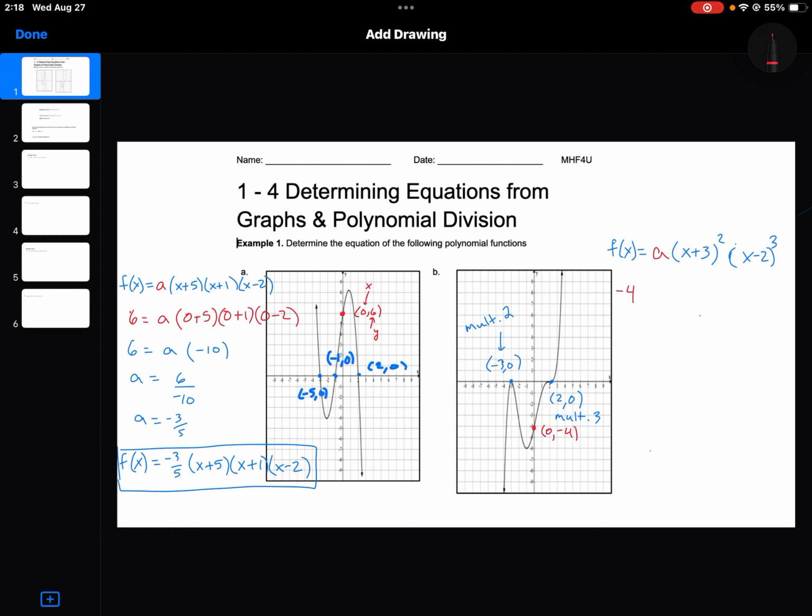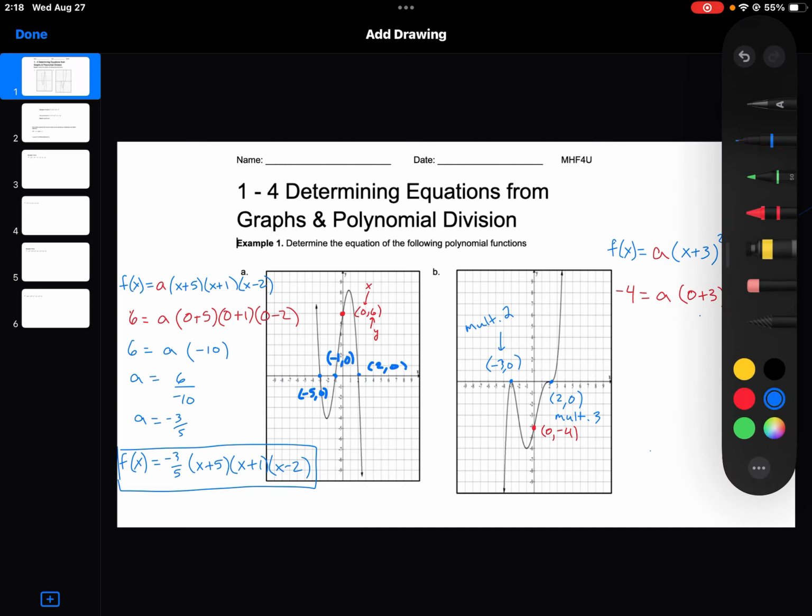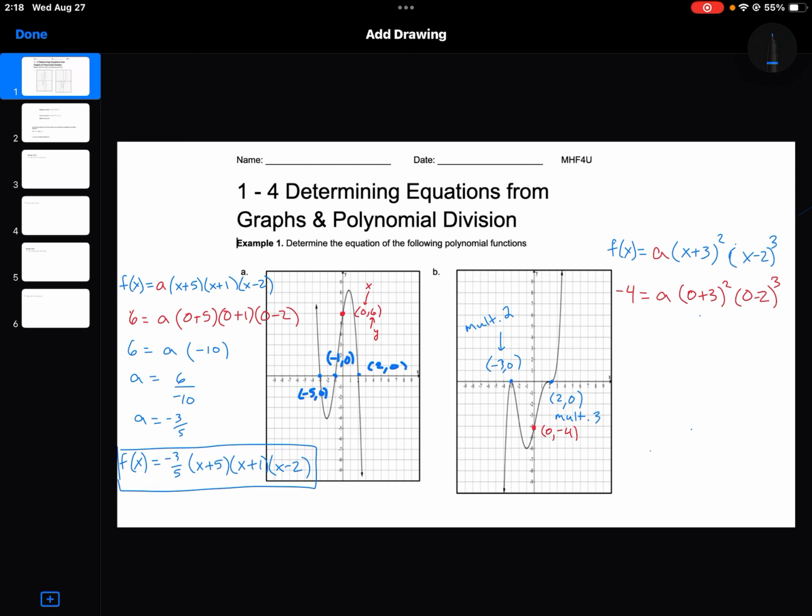So I'm going to put in -4 on the left-hand side, leave a by itself, and then put in 0 for x. A little bit more algebra involved here because we have the non-linear x-intercepts. On the left side, we still have -4.